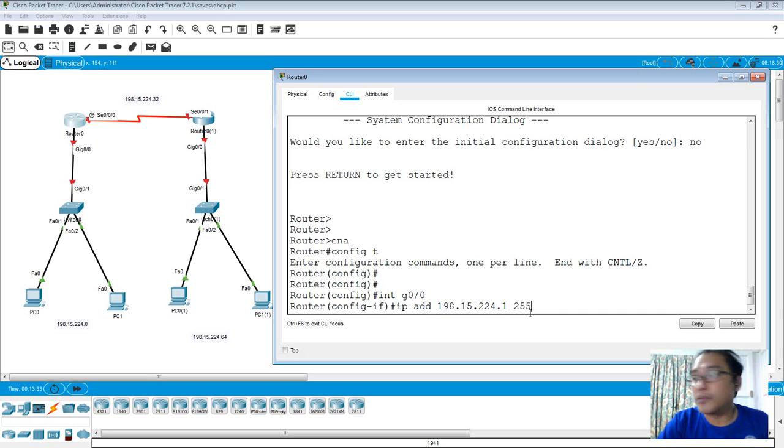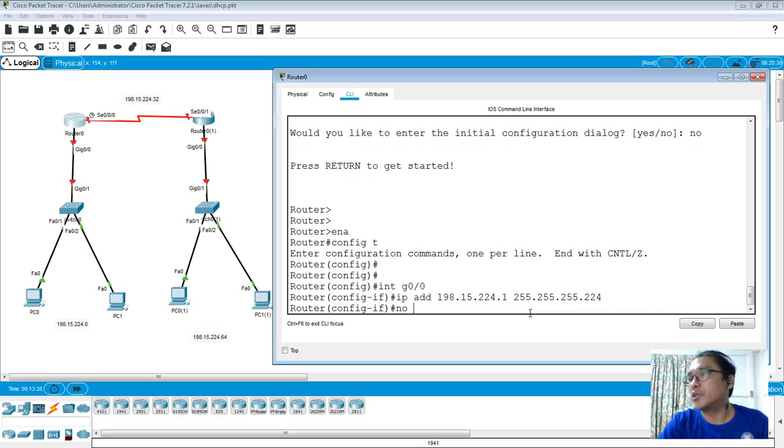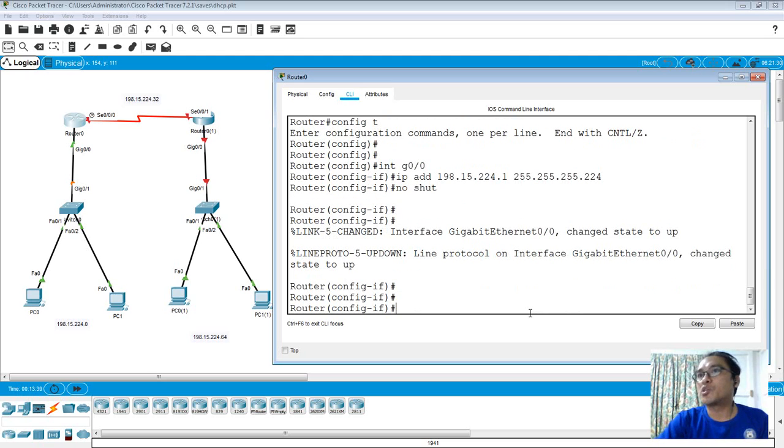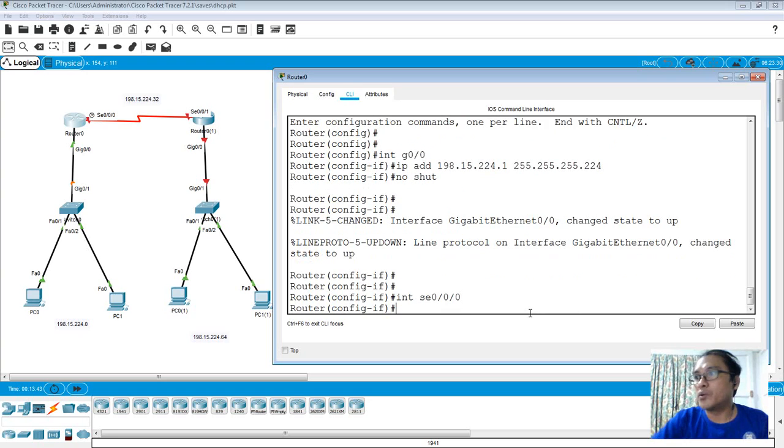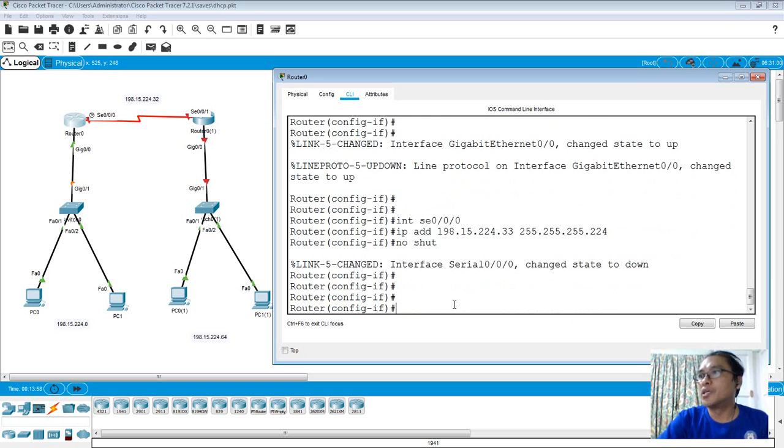Then give the subnet mask 255.255.255.224, enter, no shut. Okay, same is true with interface se0/0/0 and ip add. So take note, this is the 32 network, so we are going to put this one as 33, the first IP address, with 255.255.255.224. Enter, no shut.